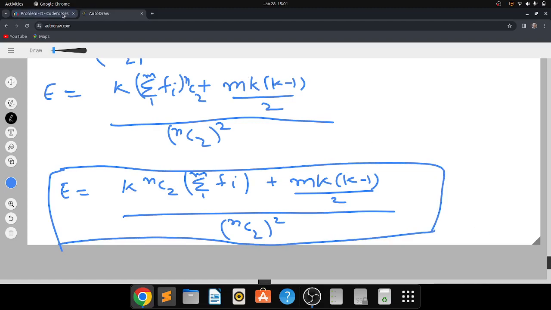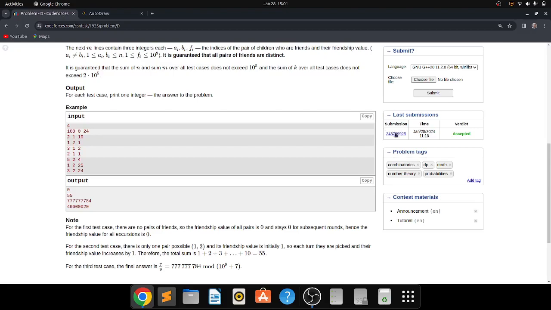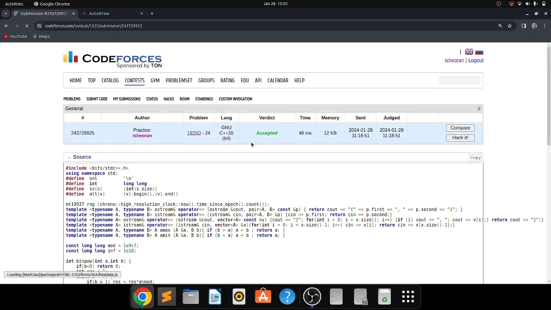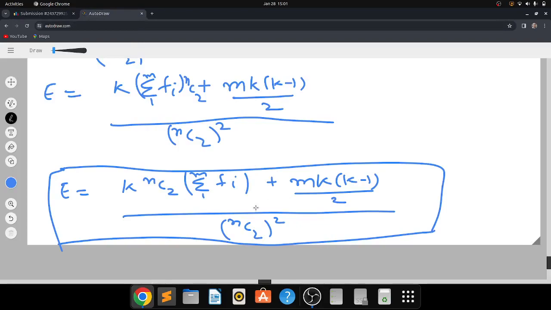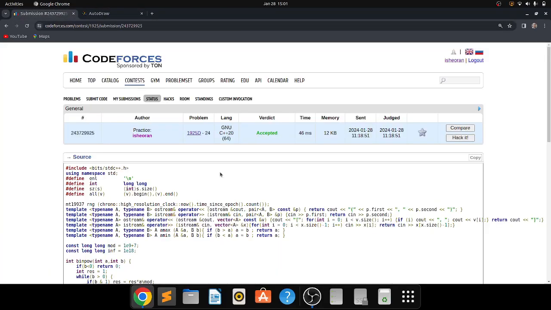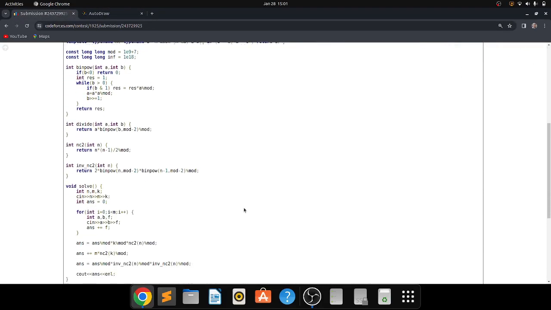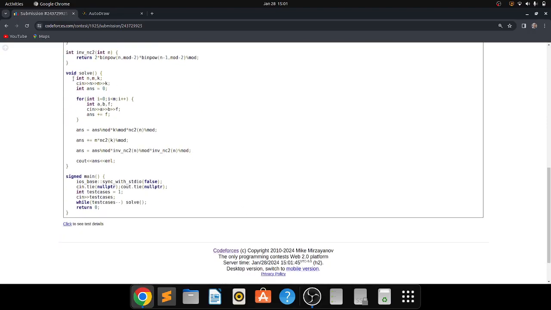Okay, so let us see its code also. The code is just the implementation of this formula we get finally. What we did is, n, m, k we took as input and we stored the summation of f values in answer, right? So here we are calculating the summation.